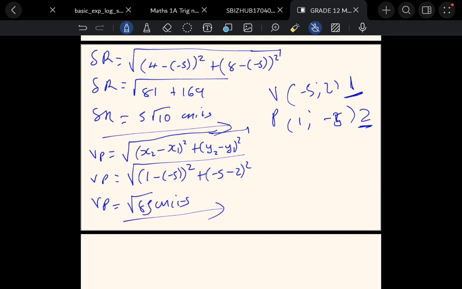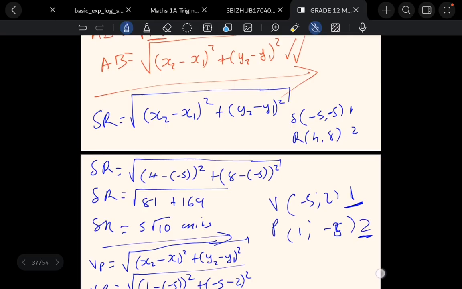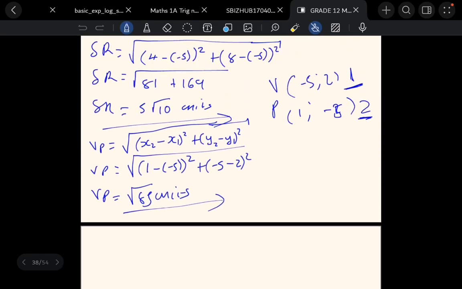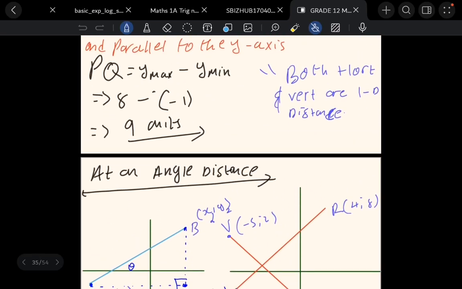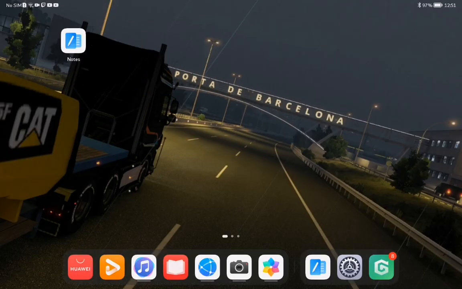So you can really see how we can calculate the distance. Now, do you know how to find the equation of a straight line? Yes. Let us revise that.